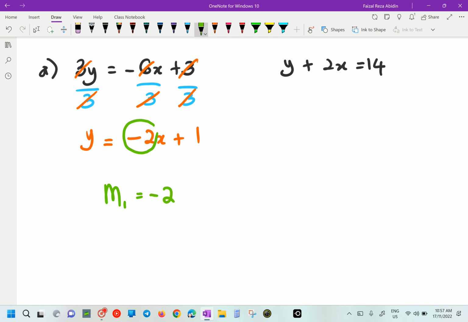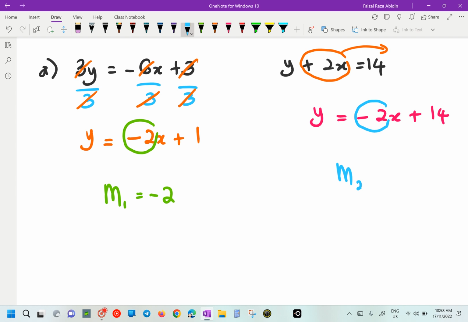We compare with our second equation there. What must I do? Yes, bring first our 2x to the right side. You are going to have your equation here, y equals to negative 2x plus 14. Straight away you have your gradient negative 2.